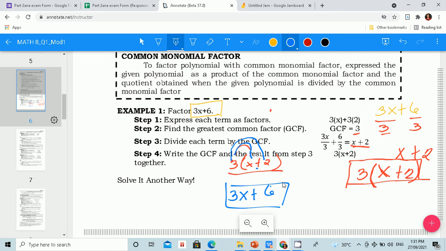So we can confirm that our factor of 3x plus 6, which is 3 times x plus 2, is correct, because when we multiply it, we get the first expression.